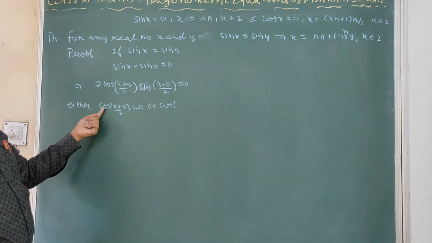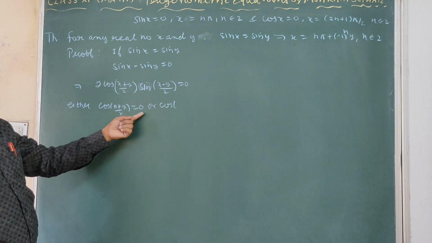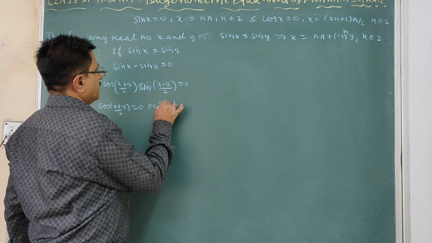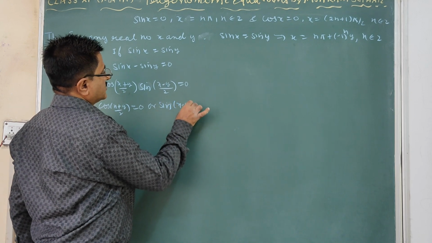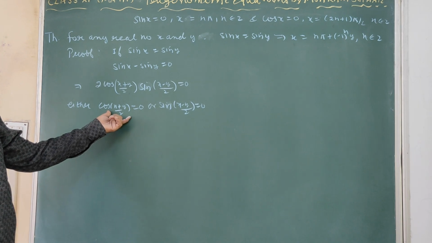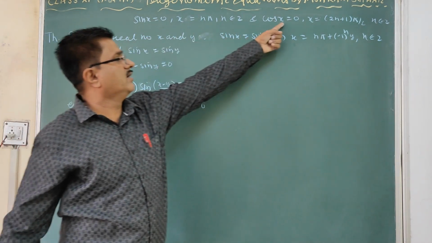So either cos x plus y by 2 equal to 0 or sine of x minus y by 2 equal to 0. Now we compare this with the given result.